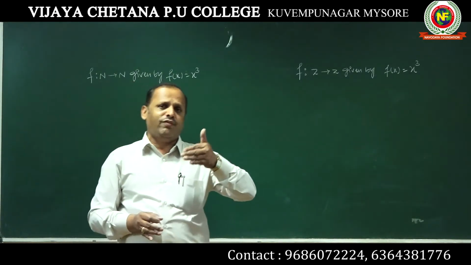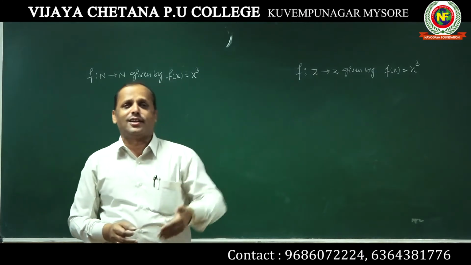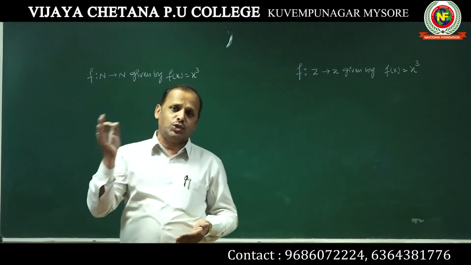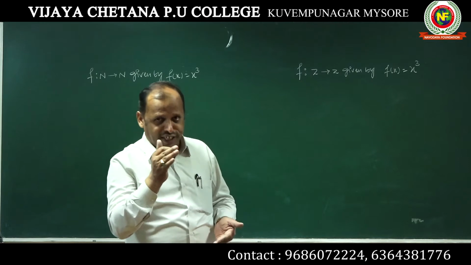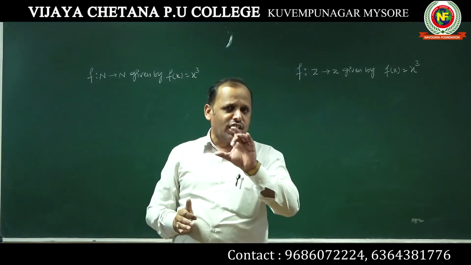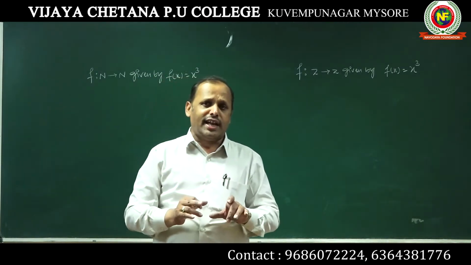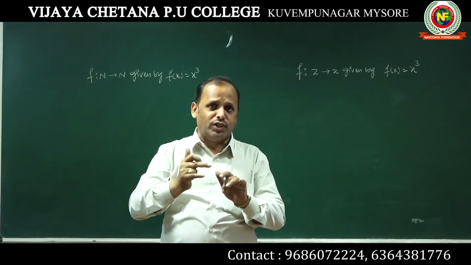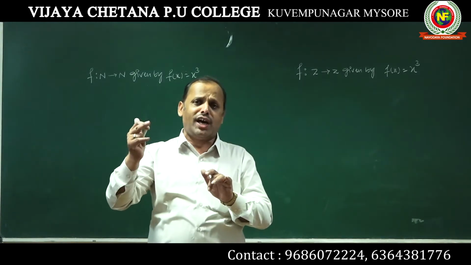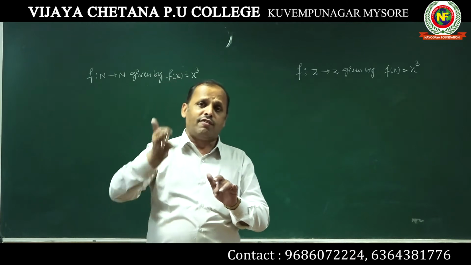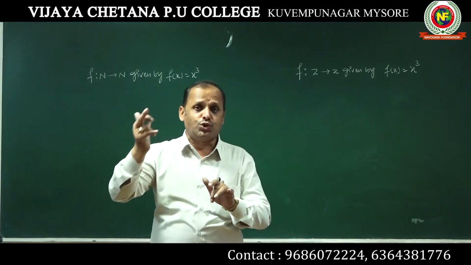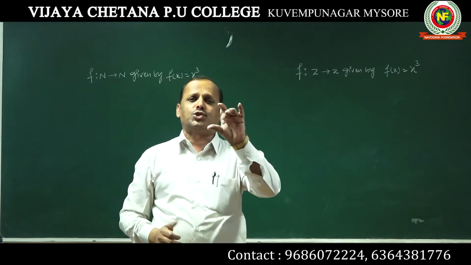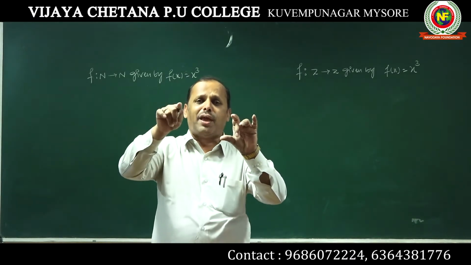Especially for integers and rational numbers, Z to Z and Q to Q, it is not 1-1. Why? Because f of -2 gives x square 4, and f of +2, 2 square, also gives 4. So -2 and +2 both have the same image 4.